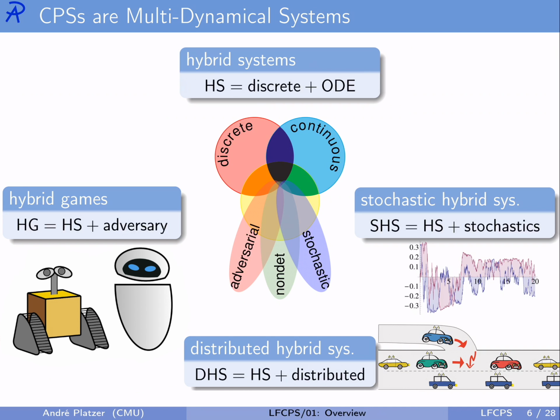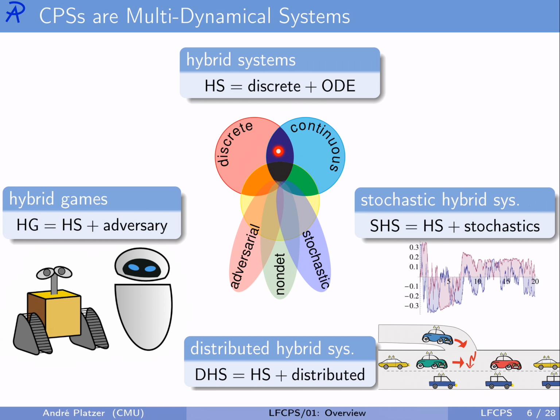Indeed, if we look at the multidynamical systems, we already find many important subclasses of multidynamical systems. One very prominent one is that of hybrid systems that are living in the intersection of discrete dynamical systems and of continuous dynamical systems right here.